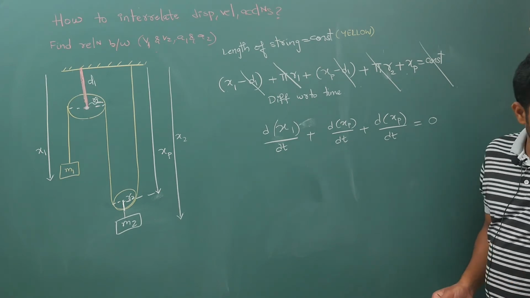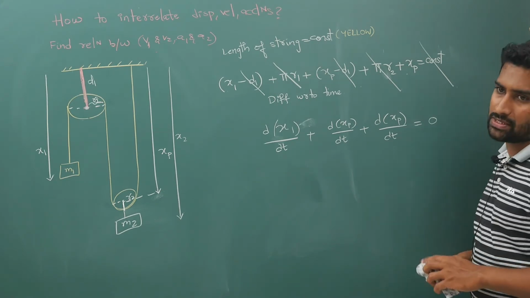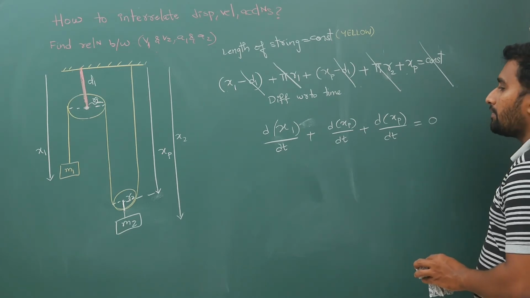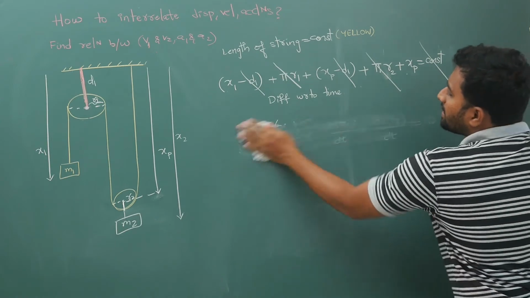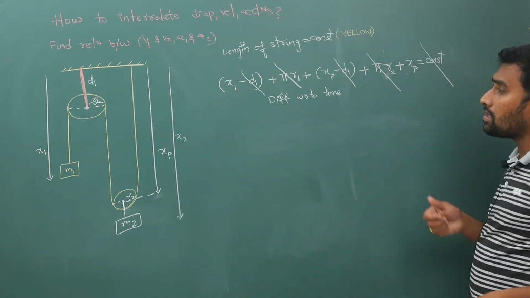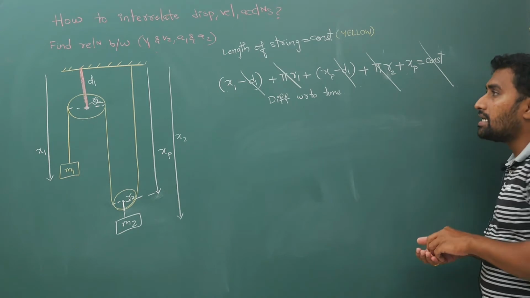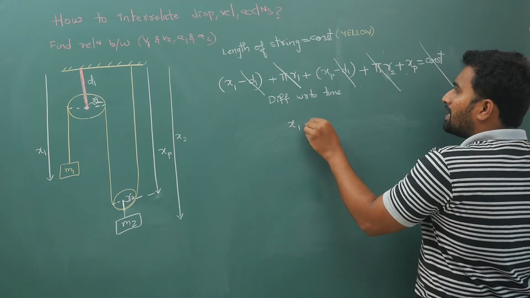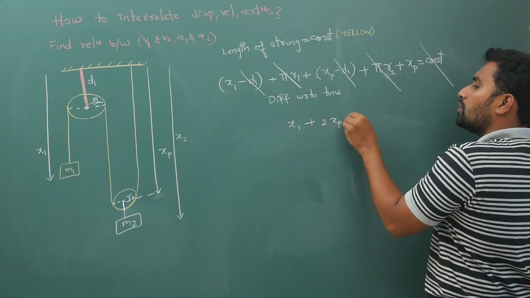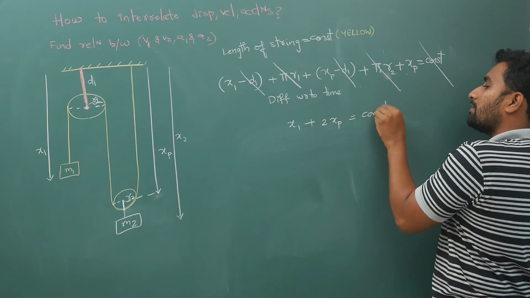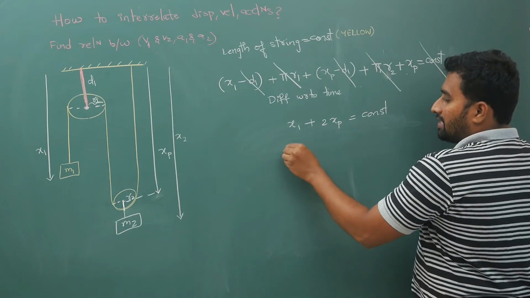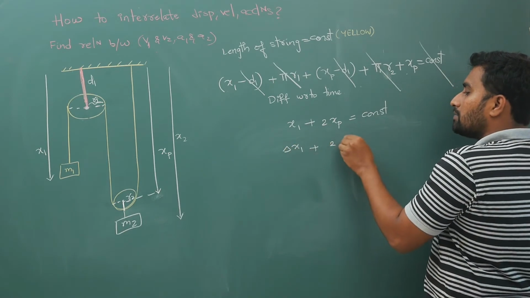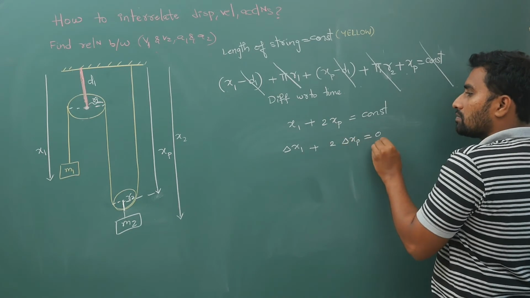First we will talk about the relation between displacements. If you are relating the displacements, you send everything to the other side and it will remain constant: delta x1, the change in displacement of the first one, plus 2 times delta xp is equal to 0.